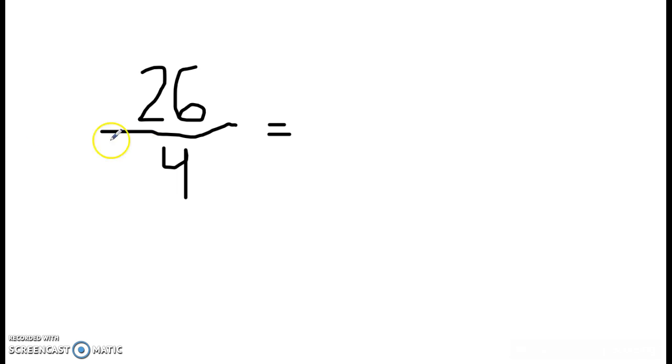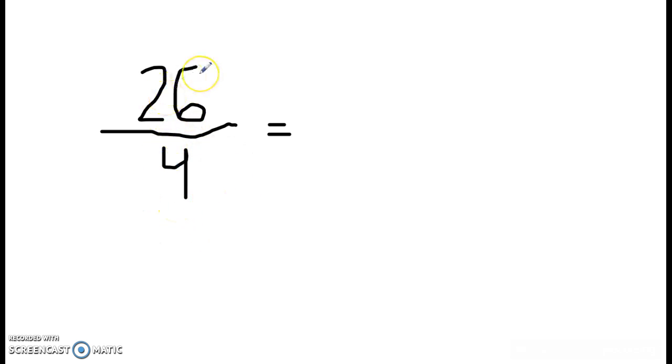Then, last screen. On this screen, you can see I have an improper fraction. And this improper fraction, it simply means that the numerator is greater than the denominator. So 26 fourths. So in changing it to a mixed number, you can think, okay, this is like saying 26 divided by 4.